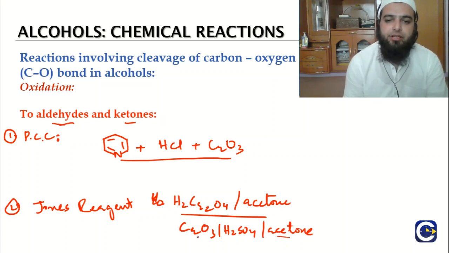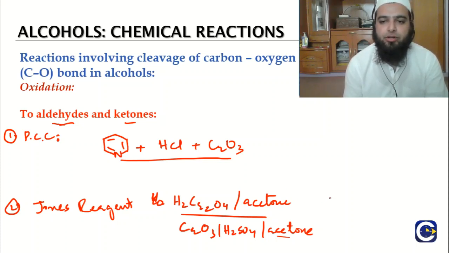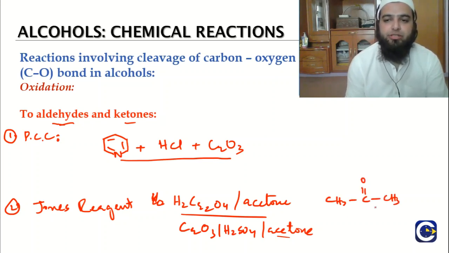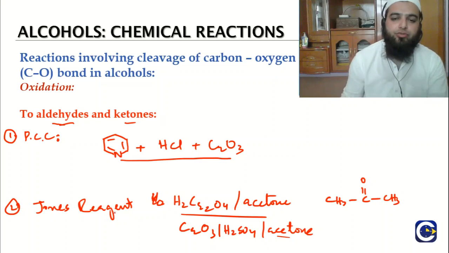In this case, there is a reaction between chromium oxide and sulfuric acid, which provides us H2CrO4 in the presence of acetone. Acetone is CH3COCH3. So with excess acetone as the solvent, this Jones reagent is used for the oxidation.